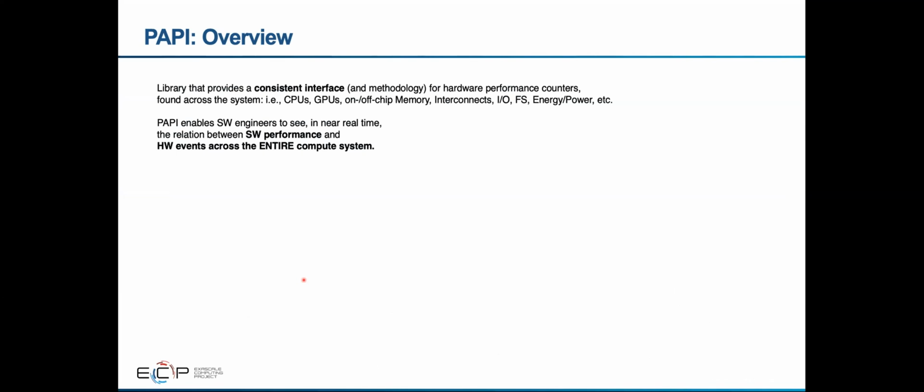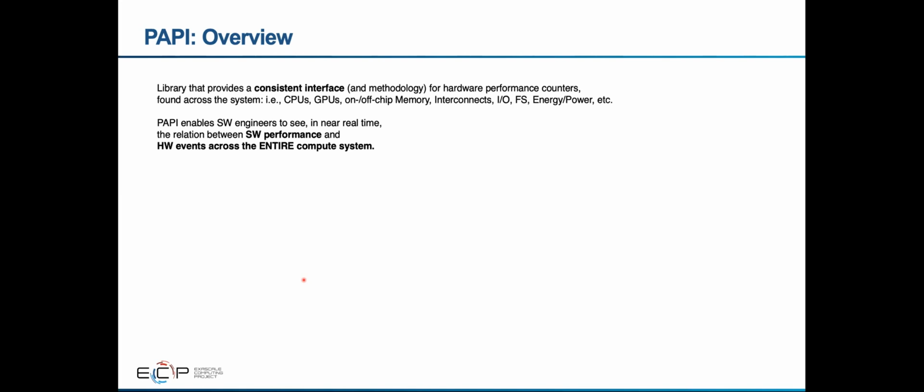So chip makers have been putting specialized registers to count hardware events on their devices for decades now. And each of the vendors has its own interfaces and naming scheme for those counters and corresponding events. This might even change across models from the same vendors. So it becomes really hard for software developers and domain scientists to access those counters directly because of their heterogeneity and lack of standardization of the interfaces.